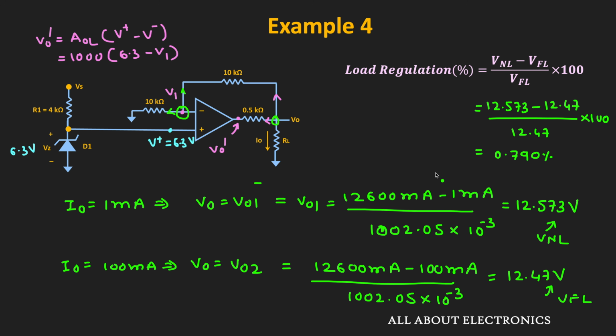So in this way, for the given circuit, we found the value of the load regulation, that is equal to 0.790%. In this way, we can solve the examples on the line regulation and the load regulation based on the Zener Diode based voltage regulators.